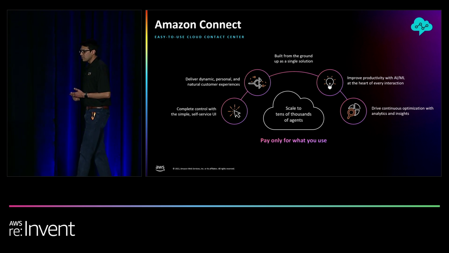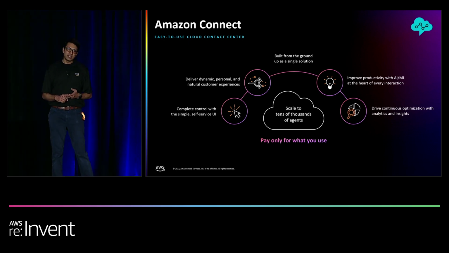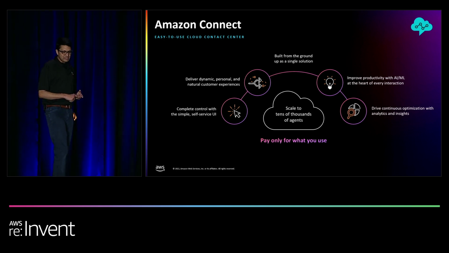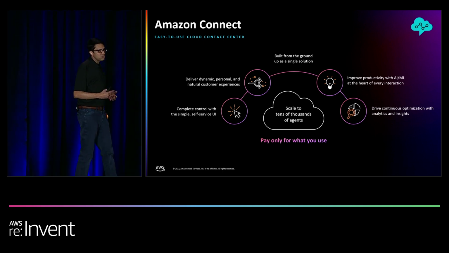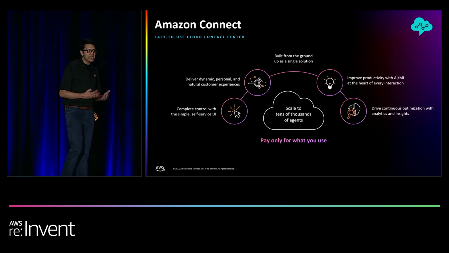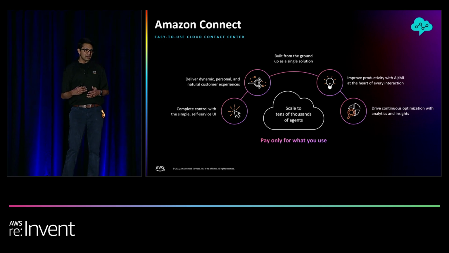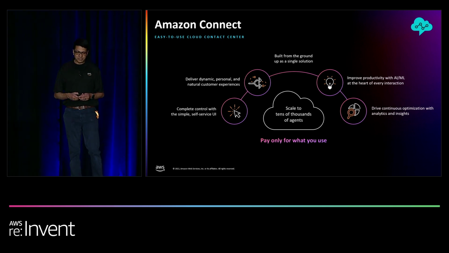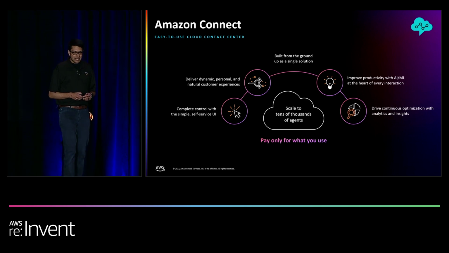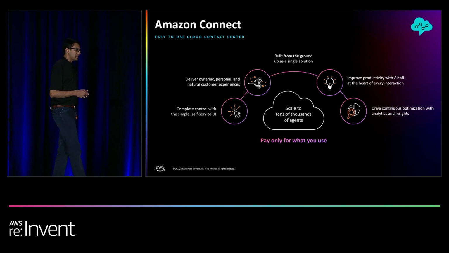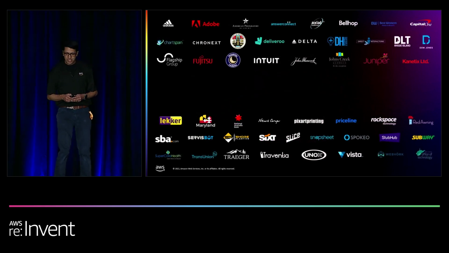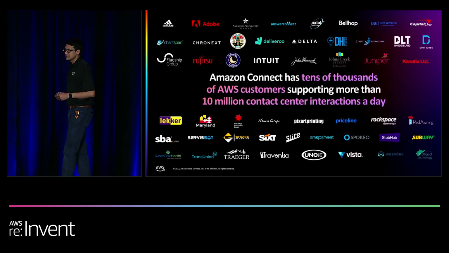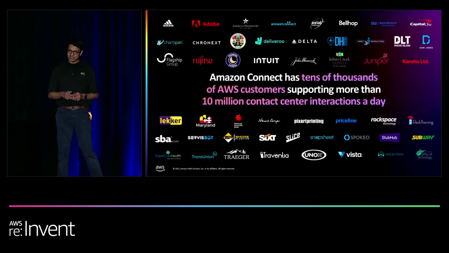And one of the most important things that the customers have loved about Amazon Connect is the pay-as-you-go model. That means you only pay for the value consumed. The more you use, obviously, the more you pay. The less you use, the less you pay. And a lot of customers love that model. And it's no wonder, past 5 years, one of the fastest growing AWS services in the history of AWS, actually.